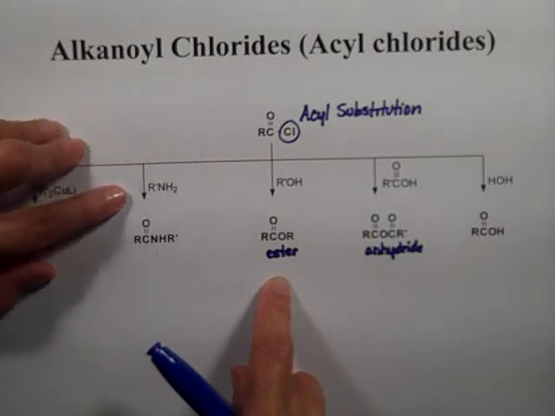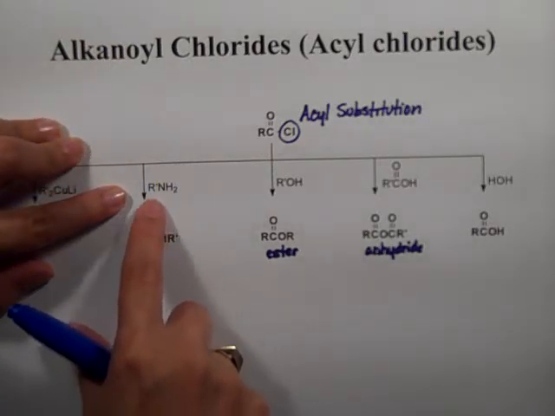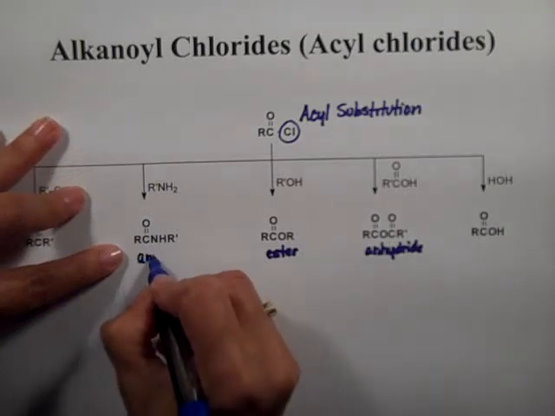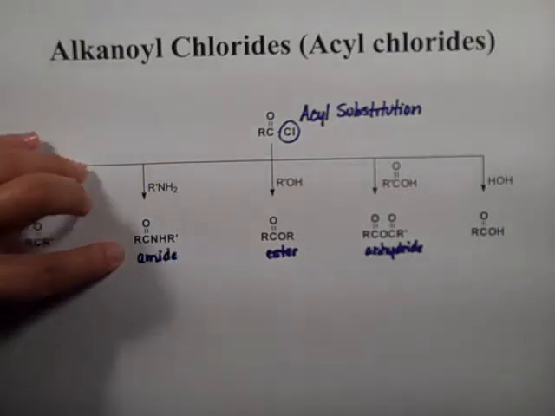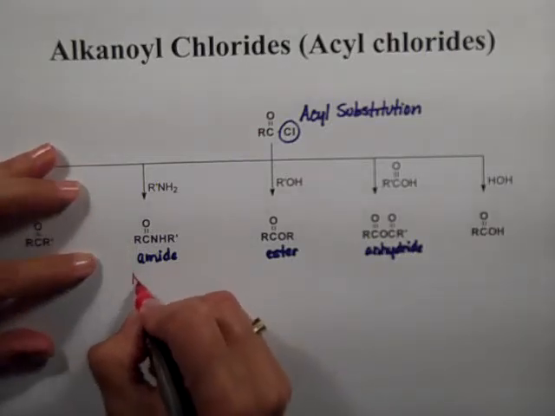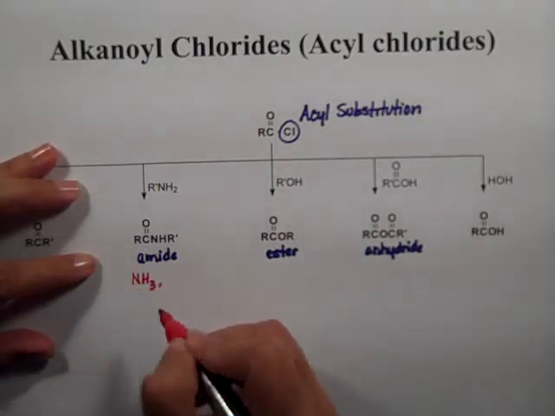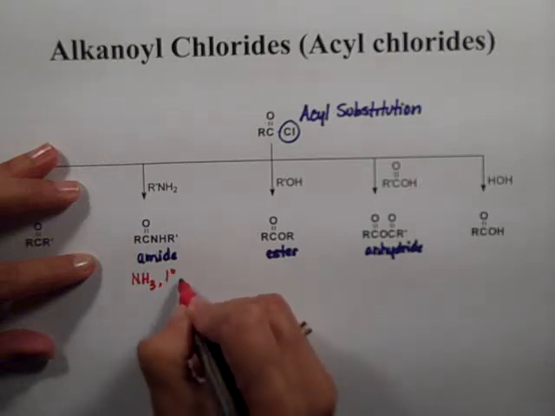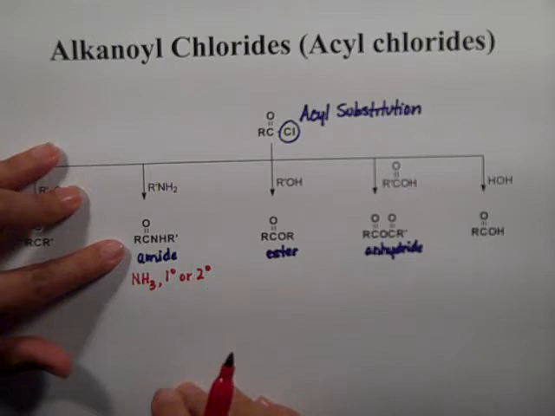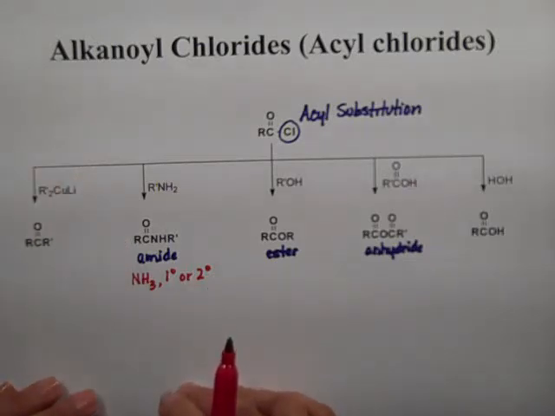With the reaction of an amine, you can make amides. This one does have a limitation because I can add ammonia or a primary amine or a secondary amine. This reaction will not happen with tertiary amines.